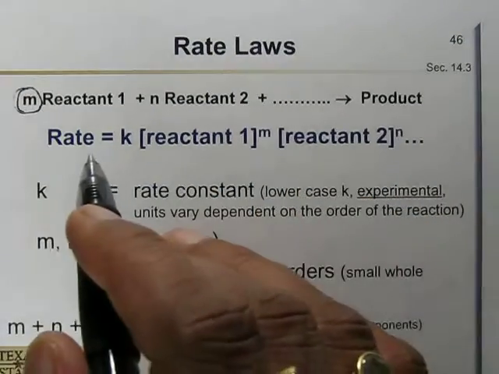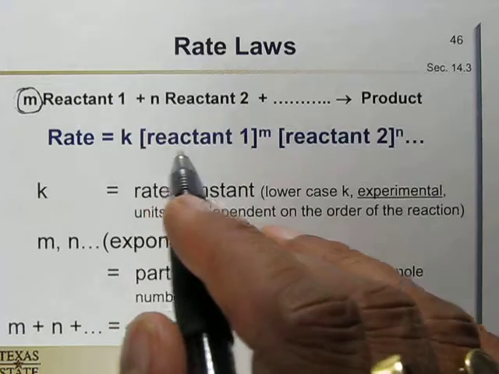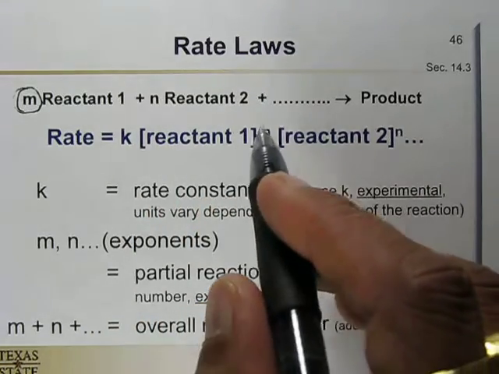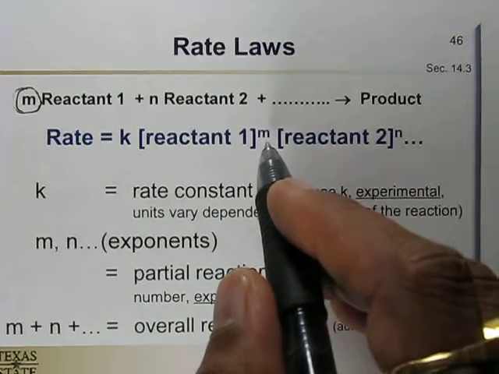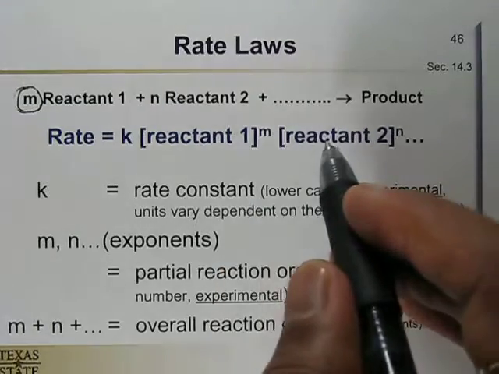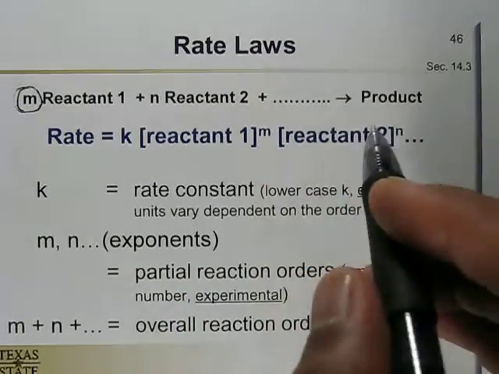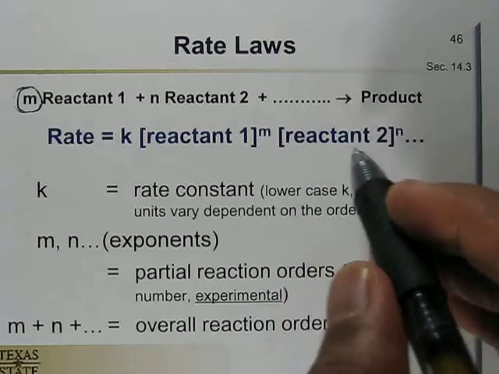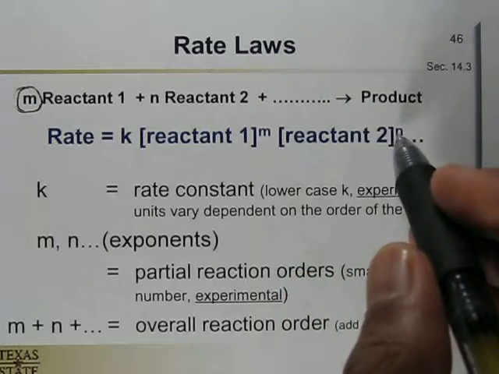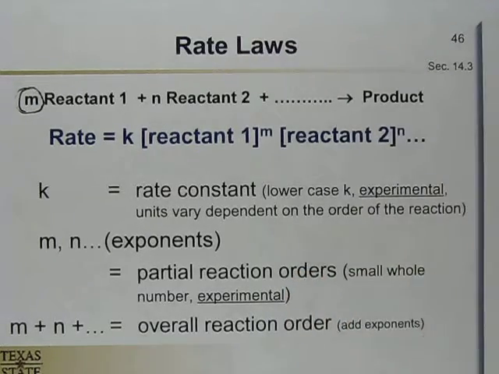So in that case, the rate of the reaction will be k, reactant 1 with exponent small m, which is the power of reactant 1, reactant 2 with exponent small n, and likewise.